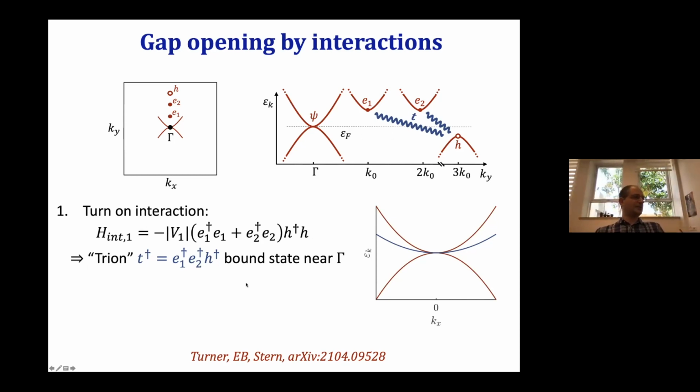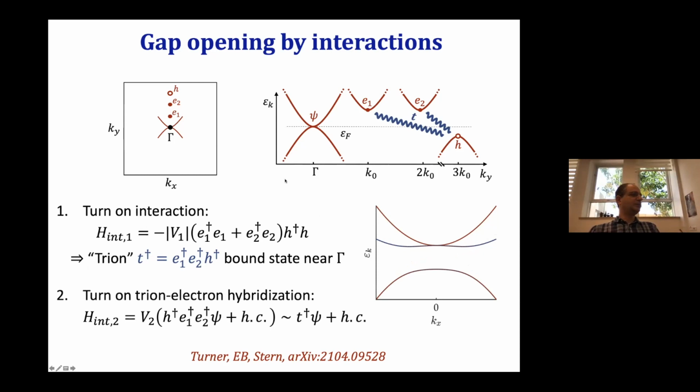Okay, so this is our bound state, and we can arrange our model such that the lowest energy of this trion bound state occurs at the gamma point. So essentially, what we've done is we've created a new band of these composite objects, which occurs at the gamma point.